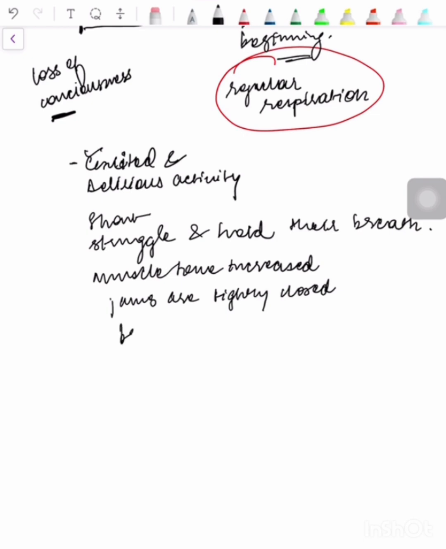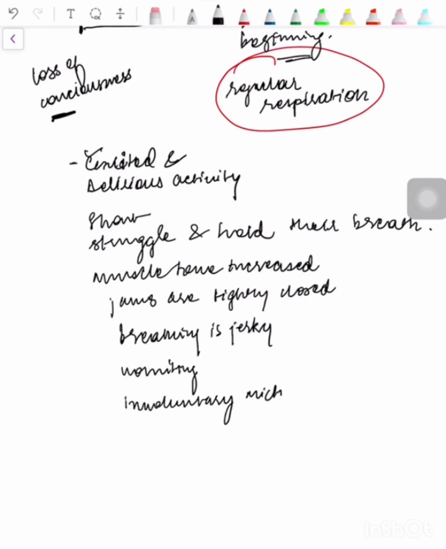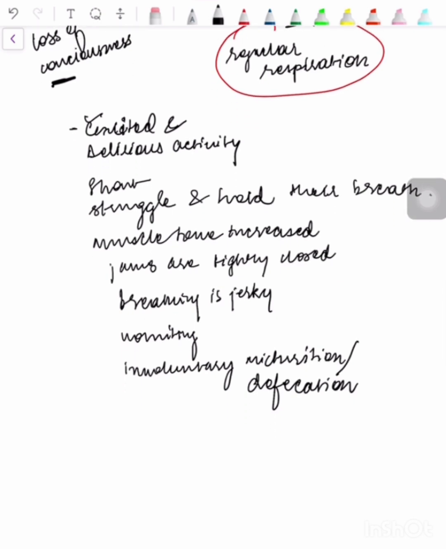Breathing is jerky. Vomiting can be there, nausea can be there. Then involuntary micturition or defecation may be seen due to sympathetic stimulation. So these are all the characteristics seen in a patient in stage 2 of general anesthesia.